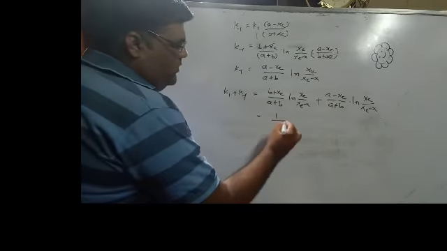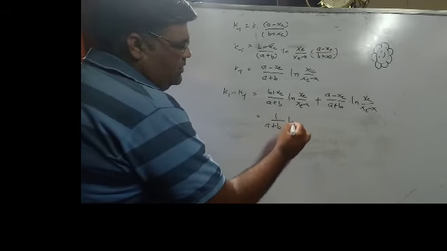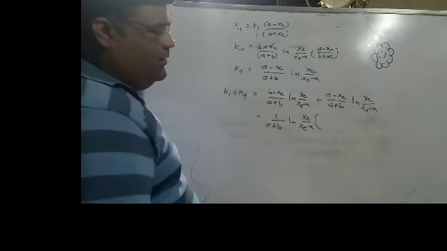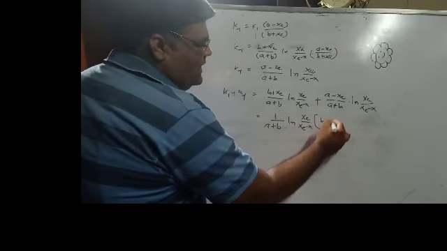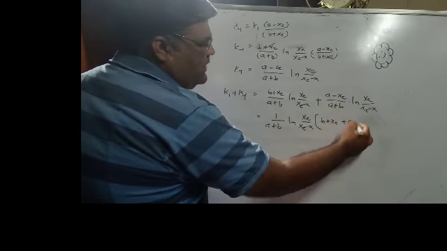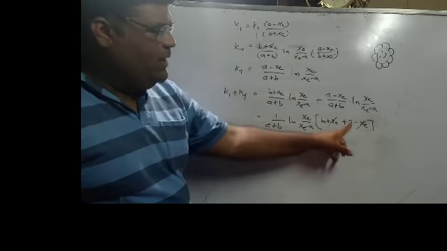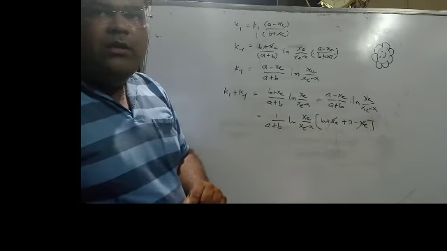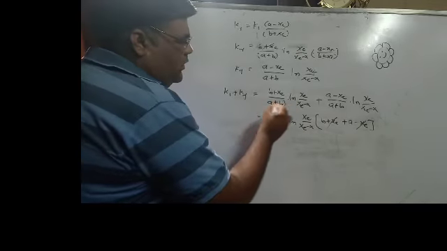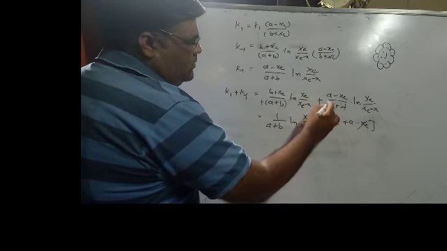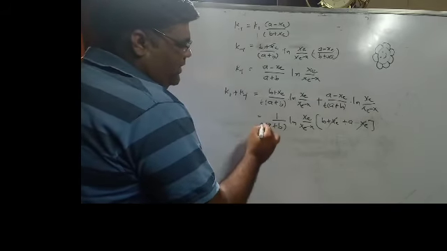What will remain is b plus xe plus a minus xe, so xe will be cancelled out and it will be a plus b. Of course, there will be t on both sides, so t will be a common factor.